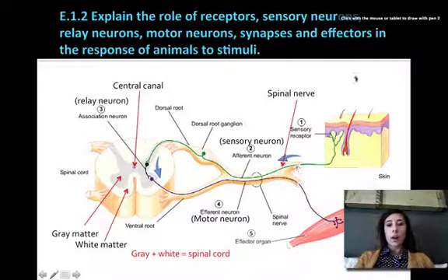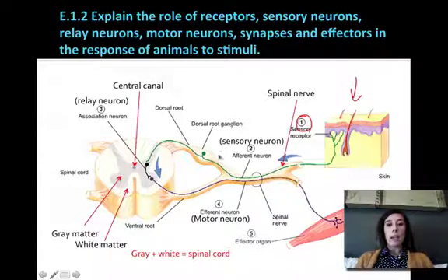You've got heat here. Your sensory receptors are going to receive that signal, and it will be sent down through the afferent neuron, or we call it the sensory neuron, that kind of has two different names. And it's traveling, as you can see, through the spinal nerve. It's going to pass what we call the dorsal root ganglion.